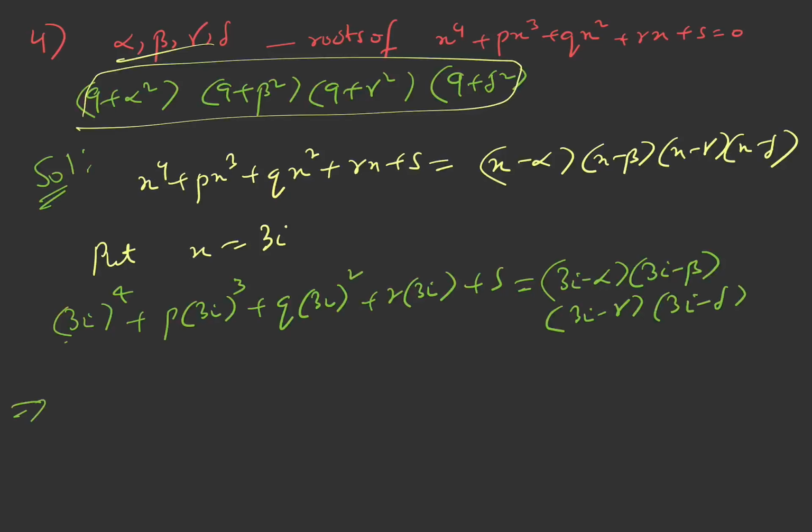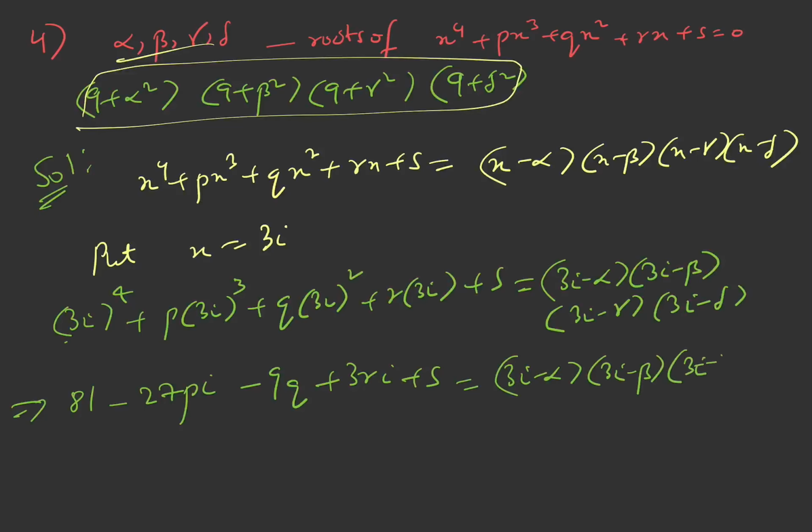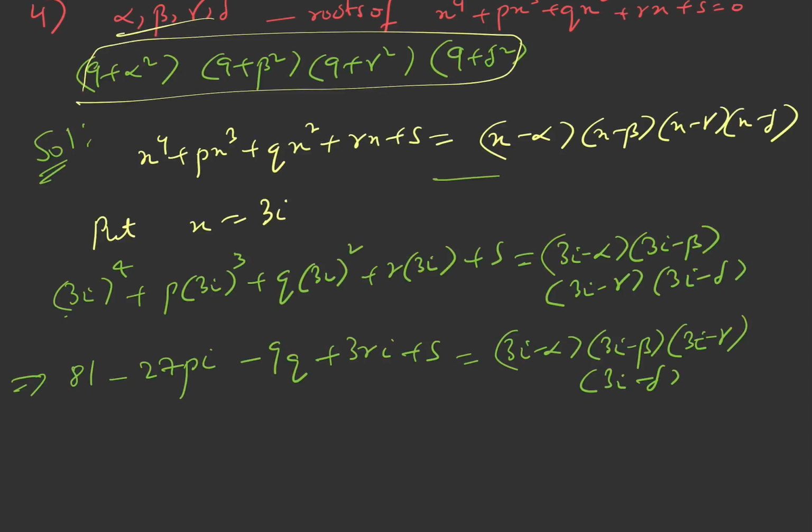So 3 power 4 is 81 and iota power 4 is 1, so this is 81, and this is minus 27 p times iota. This is minus 9q plus 3r iota plus s is equal to 3 iota minus alpha, 3 iota minus beta, 3 iota minus gamma and 3 iota minus delta.